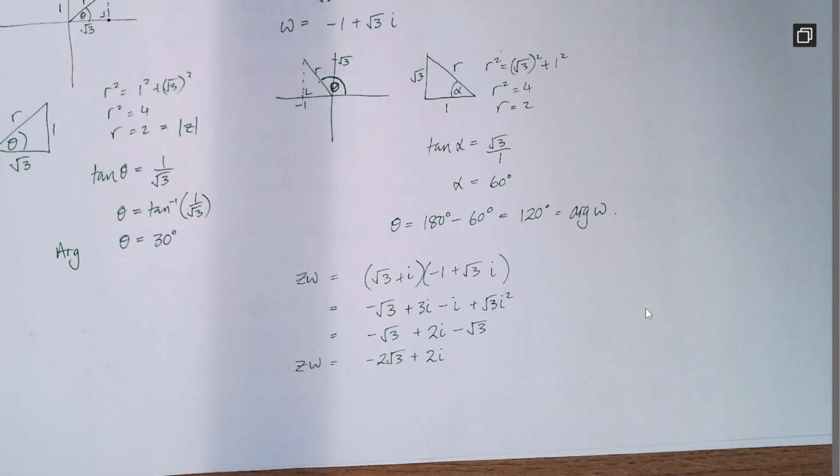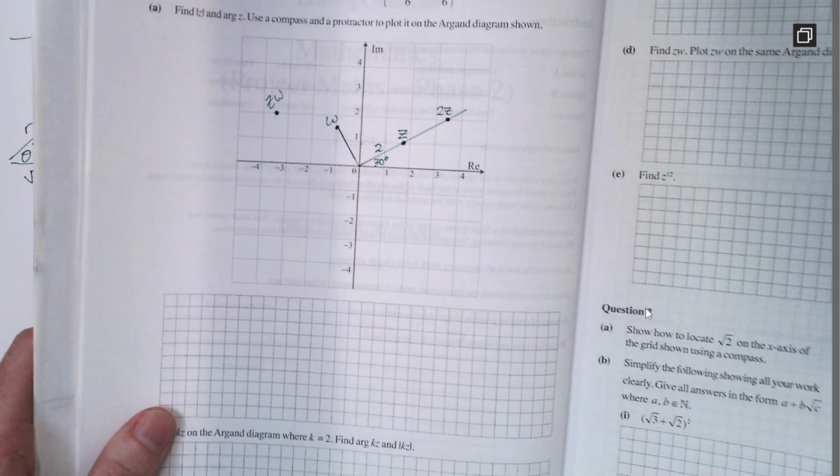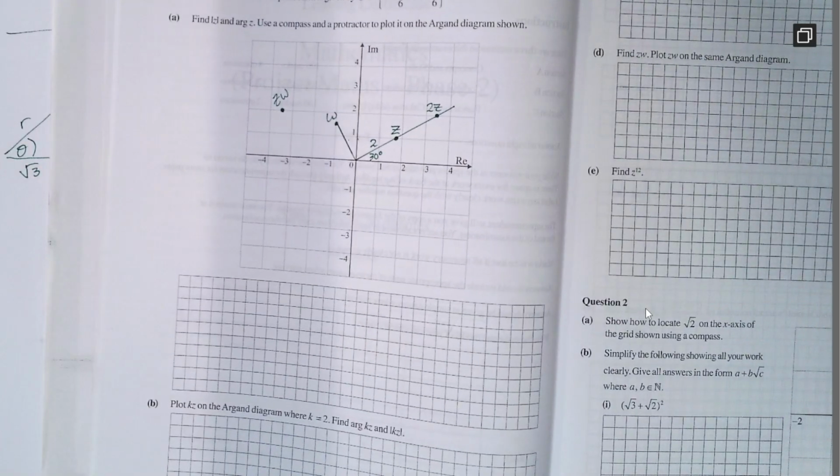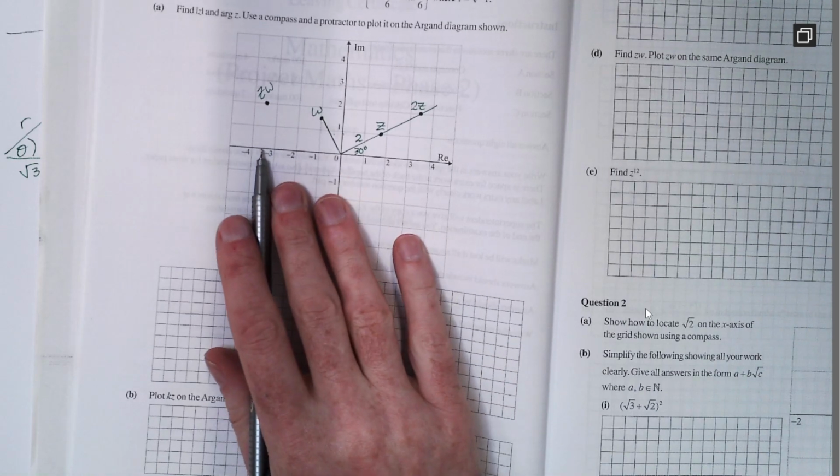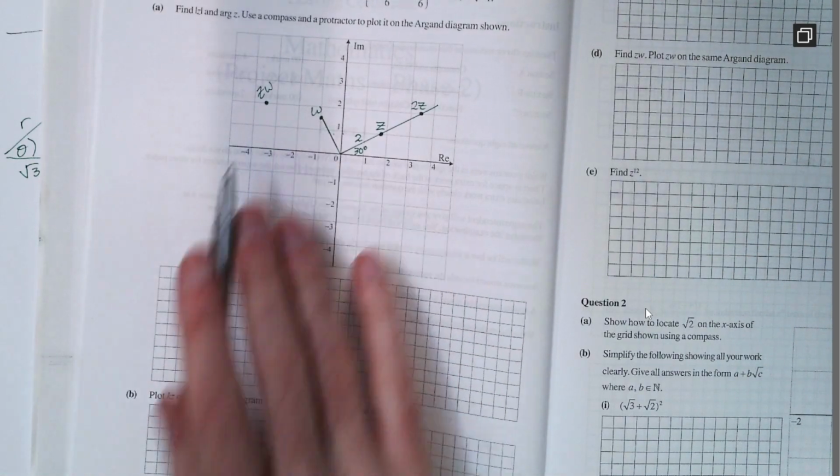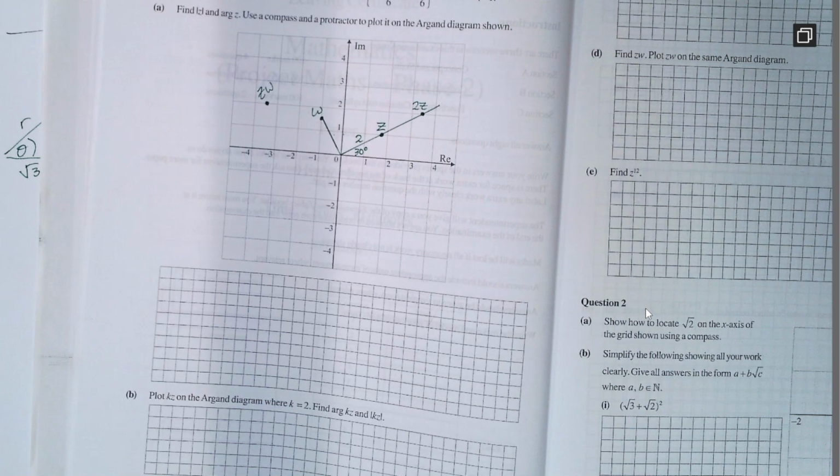Okay, so that's z times W. Just plot out the set, so roughly minus 3.5 and 2i.